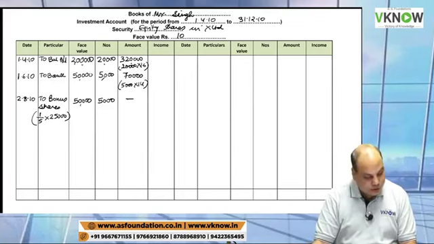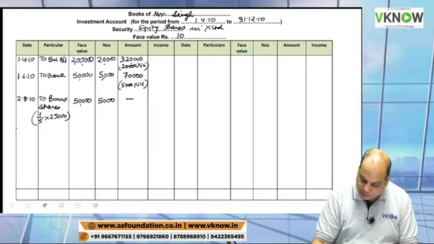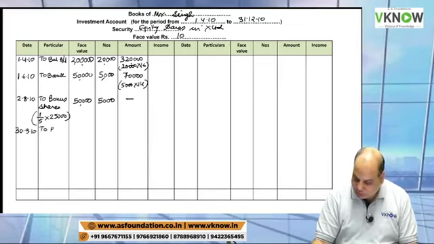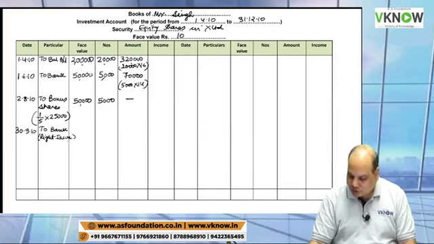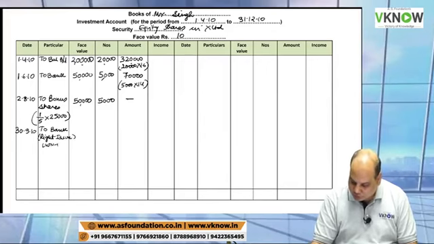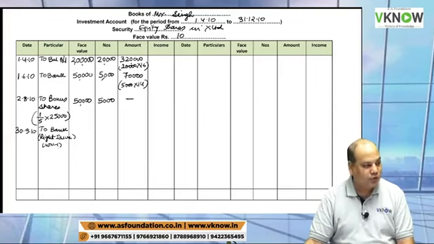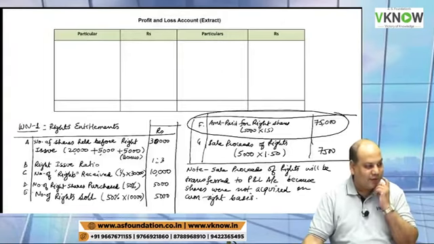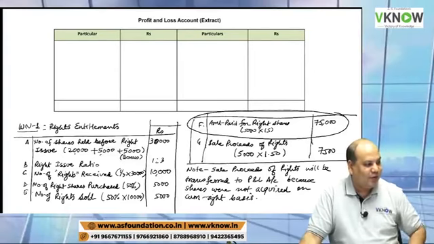Then we'll come to right issue. Right issue payment date is 30th September, 10, to bank. For that I have to go to working note 1.